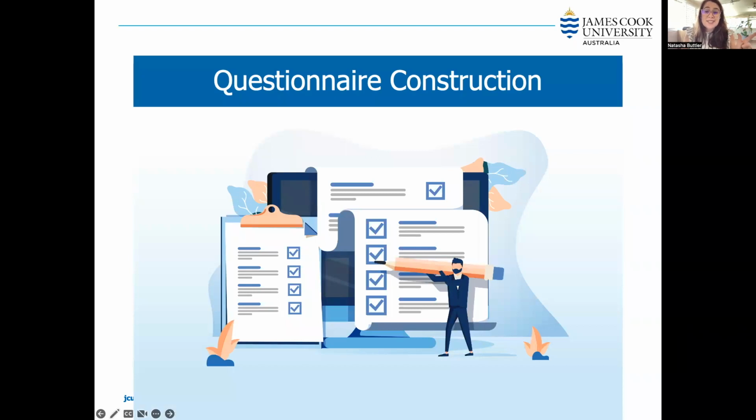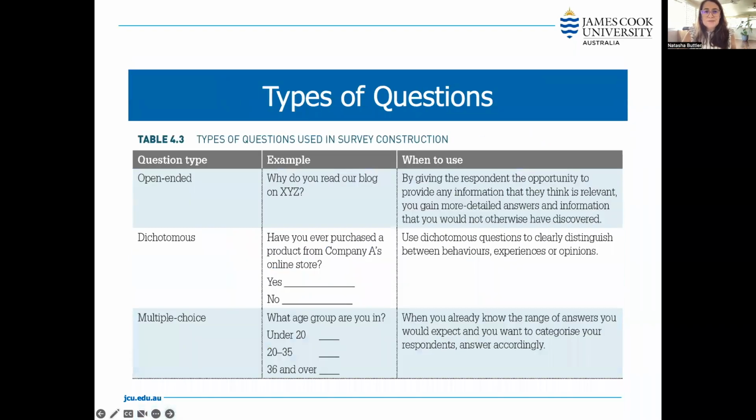So make sure that your questions are clear and easy to understand. Ensure that those questions directly answer the research objectives. Maintain impartiality of questions, and just be careful around sensitive questions too. So make sure that they're worded in a way that's less offensive. And there's 3 types of questions we can have. We can have open-ended questions, dichotomous or multiple choice questions.